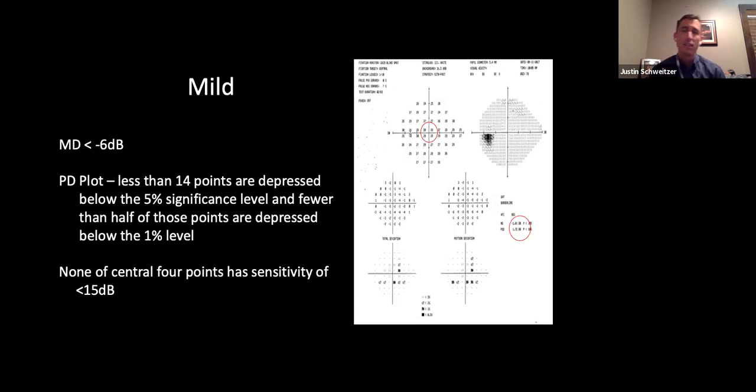So with mild, in order to fit into that, and don't memorize this, but just have this as knowledge, to be labeled as mild, all 3 of these things have to be met. And this is adopted from the Hodapp-Anderson-Parrish visual field criteria. You have to have a mean deviation less than -6. You have to have a PD plot less than 14 points. And then you have to have no central points.